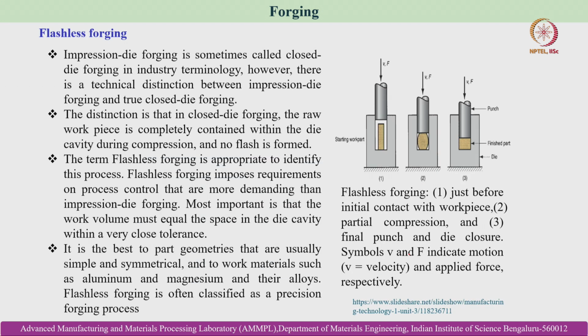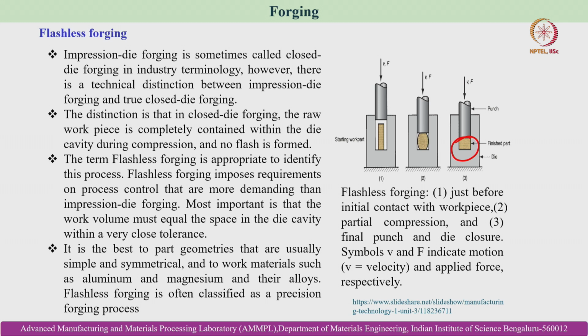Followed by that, if we go to flashless forging, please focus here that in this case we get exactly the dimension of the end part needed. There is no room for generation of any flash. Impression die forging is sometimes called closed die forging in industry terminology.